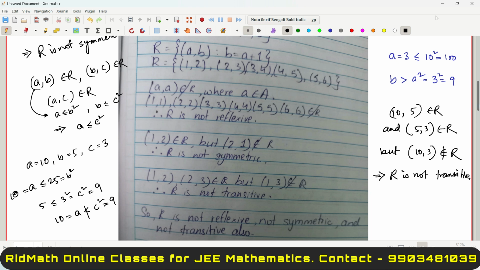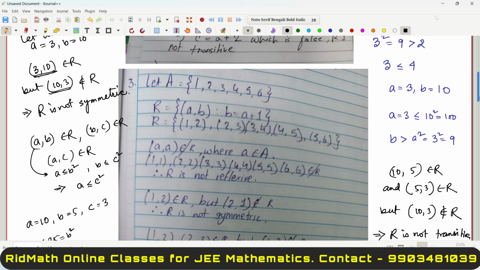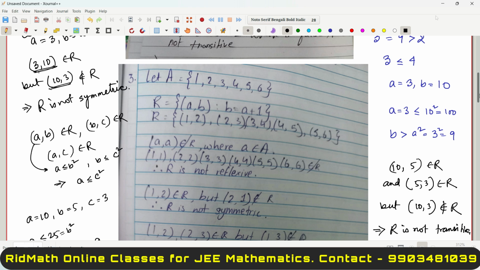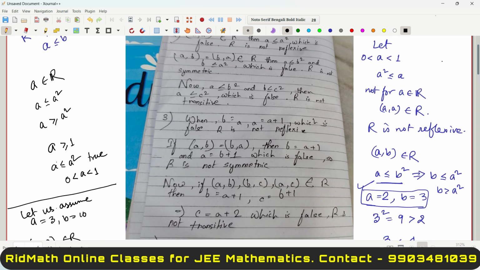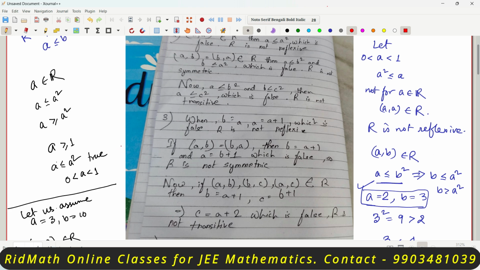Next, Praditi, why didn't you do problem number 2? I'm not able to solve it. Okay, number 2 and number 5 also are almost the same. And Prantika, number 3 is also incorrect, not incorrect, it is the same.